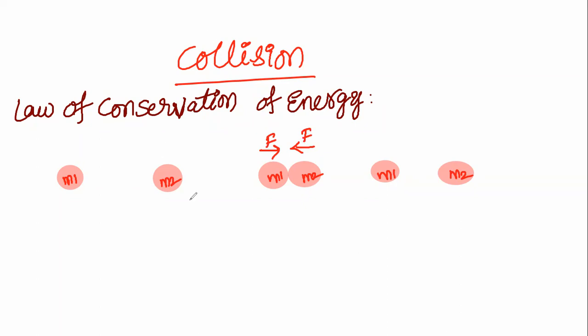The first body is moving with velocity u1 and the second with u2 before collision. After collision, v1 is the velocity of the first body and v2 is the velocity of the second body.